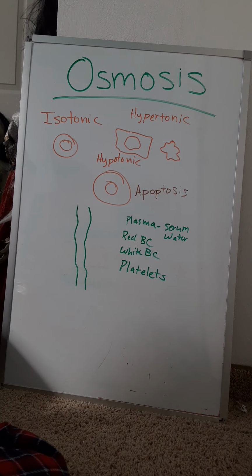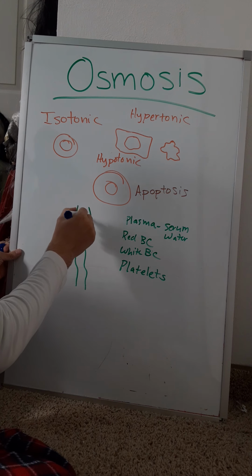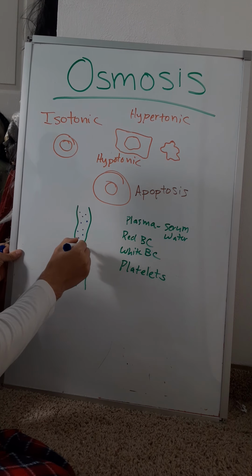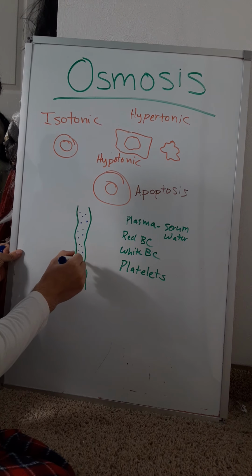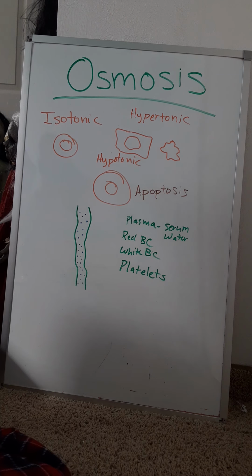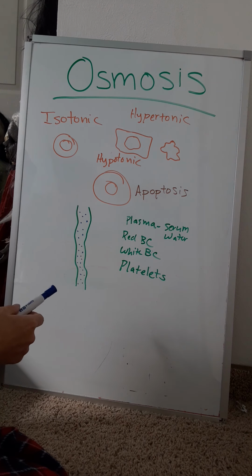Okay, so let's say that we've got protein molecules in the plasma. Now, on the outside, you have the interstitial area.